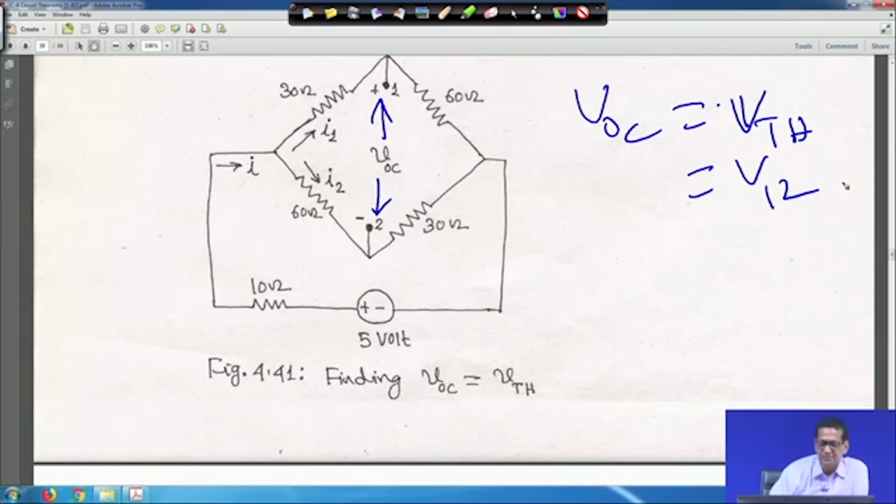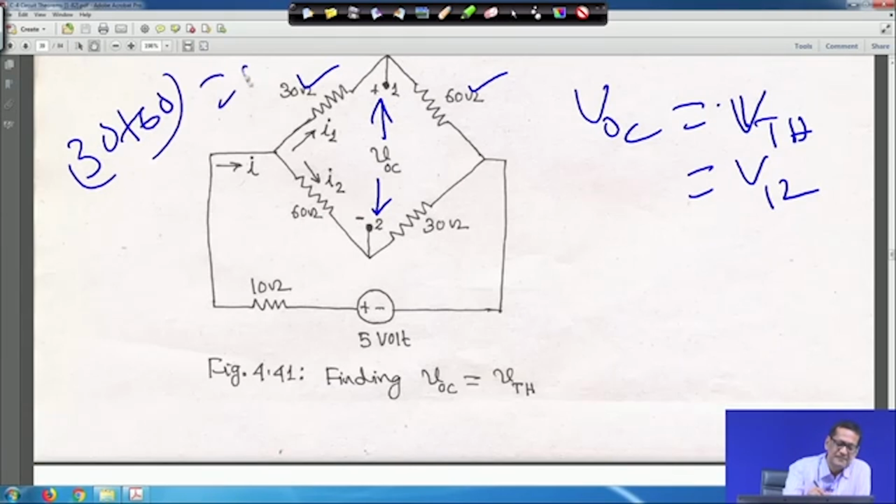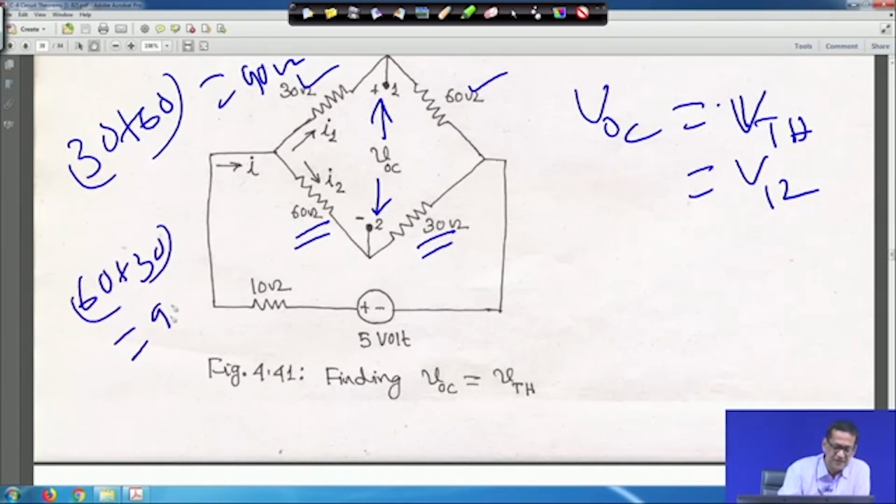So, as soon as you open this 50 ohm resistance, now look at that, this 30 plus 60, these two are in series. So, 30 plus 60 for this circuit is equal to 90 ohm. This side also, this is 60, this is 30. So, 60 plus 30 is equal to 90 ohm, right.